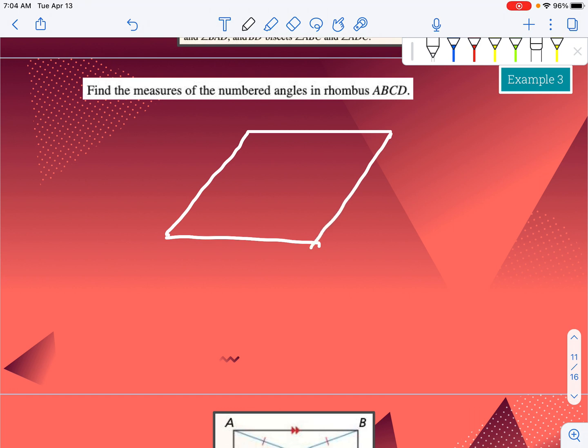We have A, B, C, D. This says this is 61 degrees, and then this is angle 4, 1, 2, and 3. And we need to find each of them.